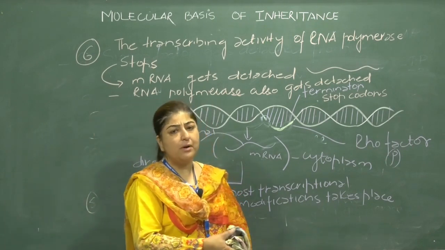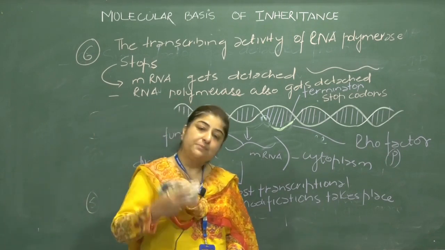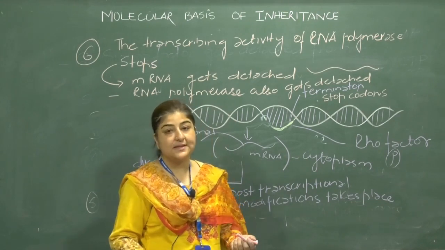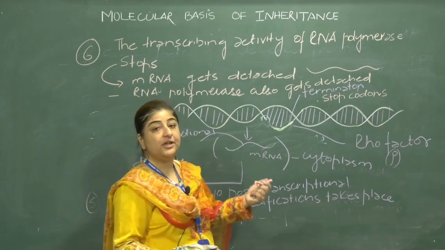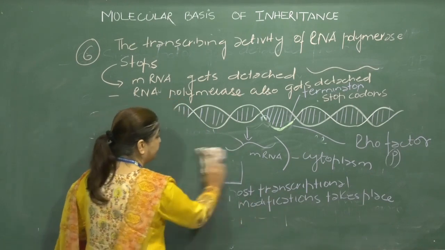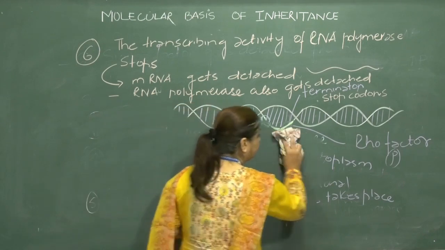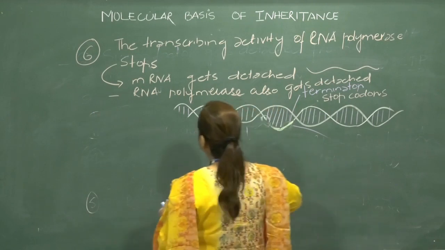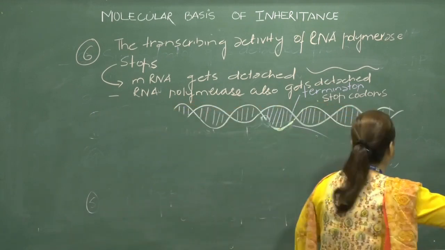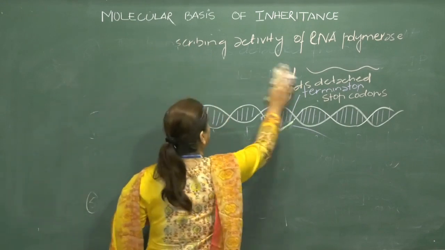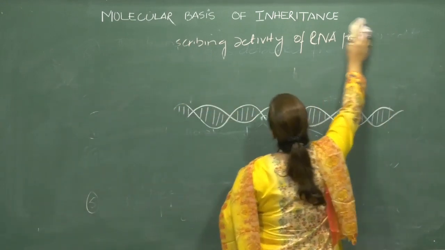Now when we talk about the eukaryotes, the process is the same, but there are some minor differences which take place in the process of transcription. Let's see those changes.